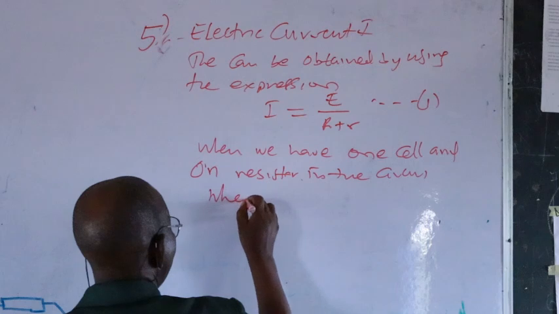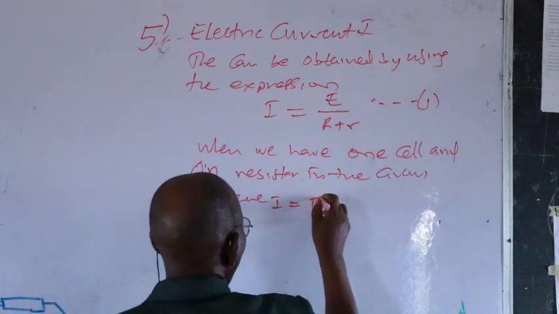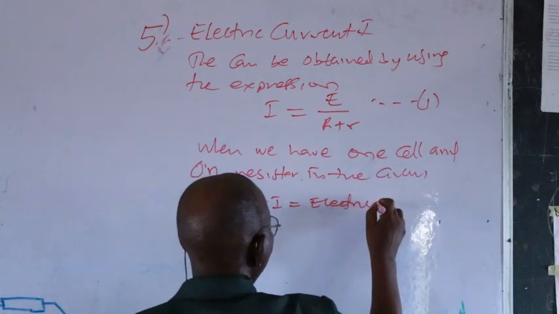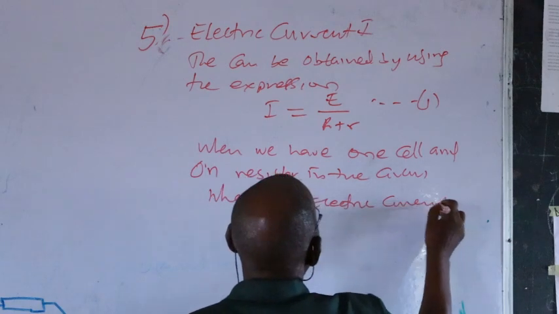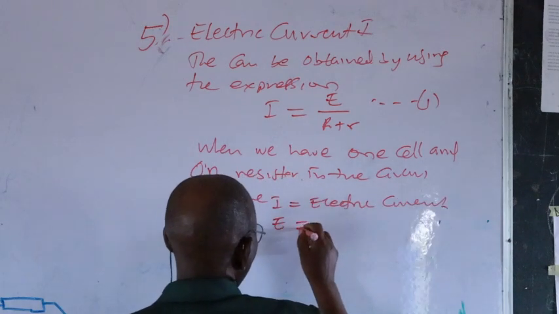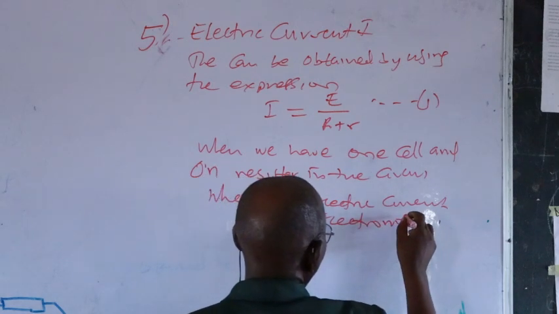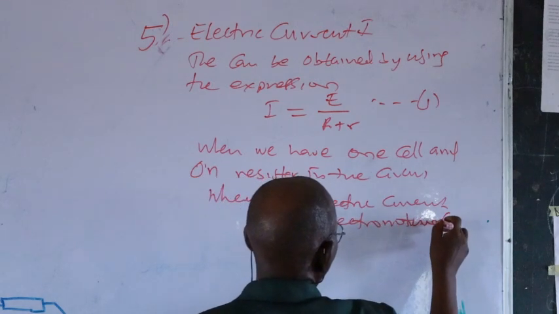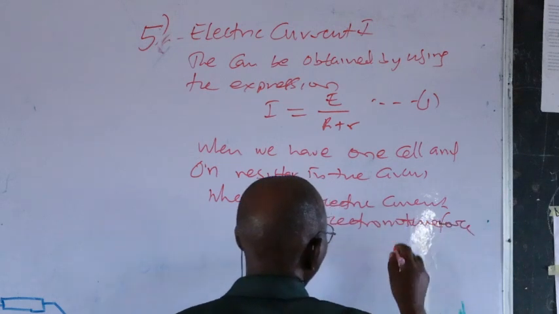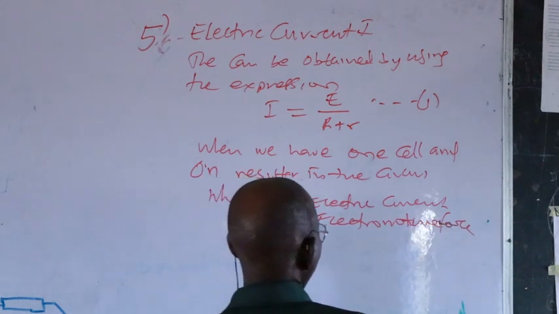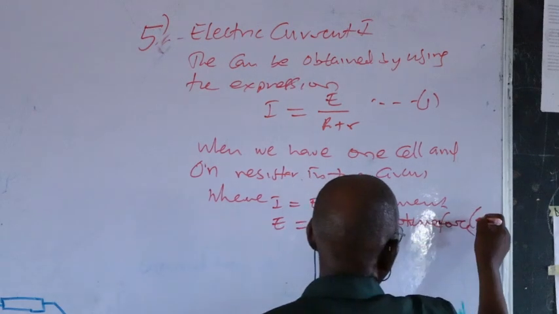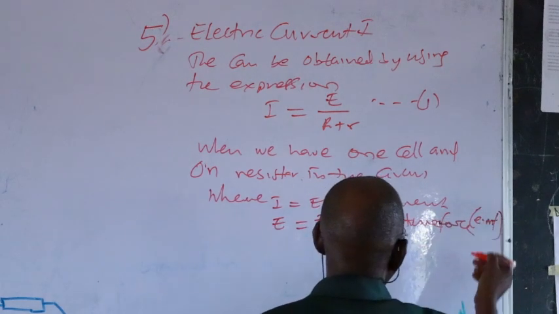Then where I stands for electric current, E stands for electromotive force. You may not write it in full all the time. EMF is enough. You can simply say EMF.